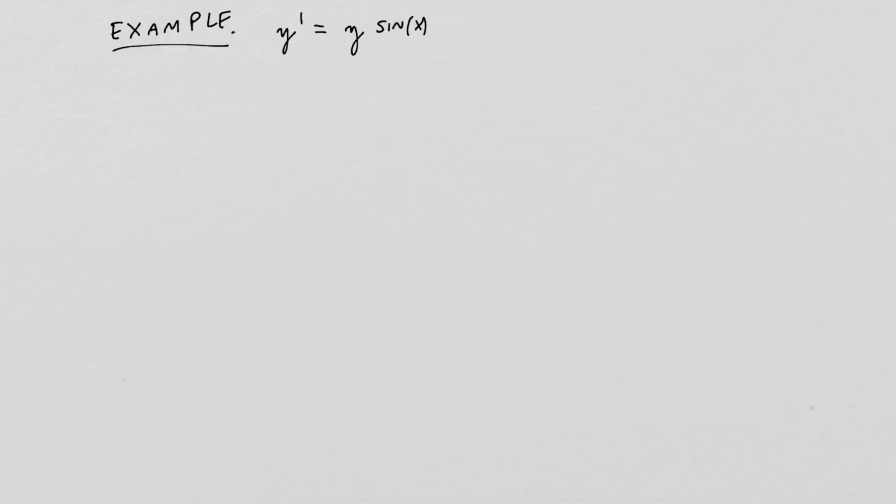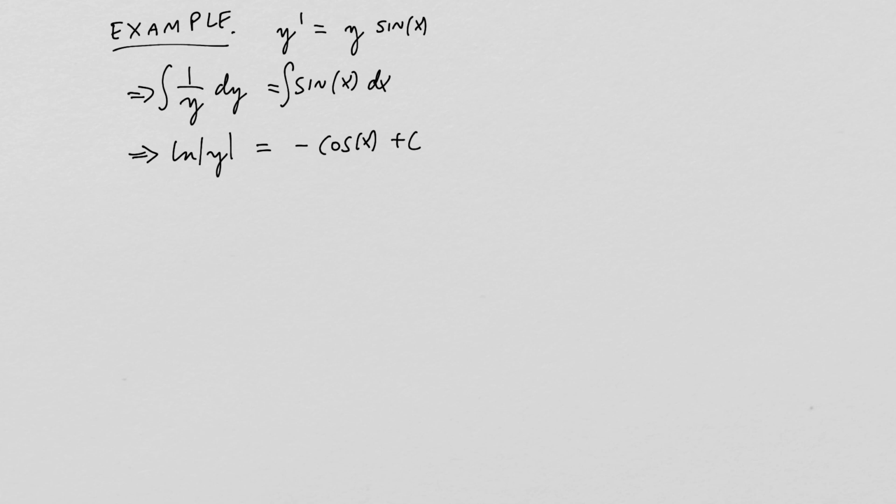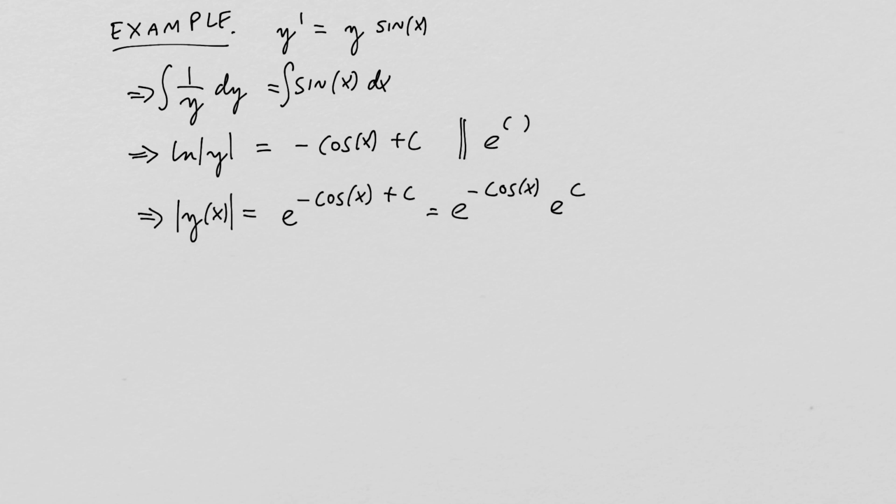Here is another example. We have separated the variables and we are ready to integrate. We have now integrated. Here we have almost found the function y of x. Now this integration constant we can denote in some different way, for example, c tilde. By taking off the absolute values we can see that this constant can be positive or negative.